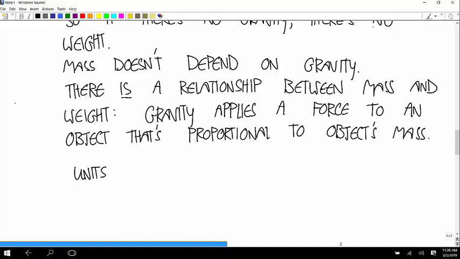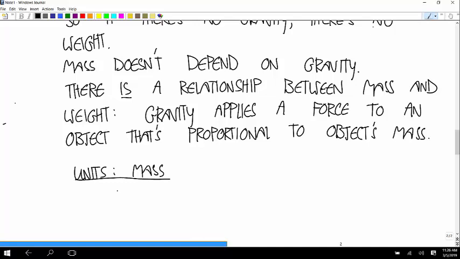Okay, so the units for mass. When I talk about units, I always talk first about the type of units you use, no matter what system of units you're in, like length over time or whatever.